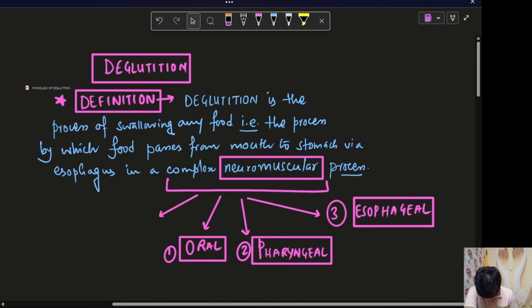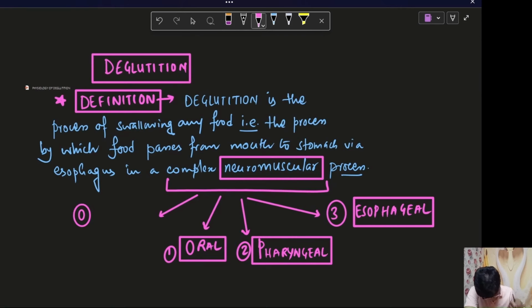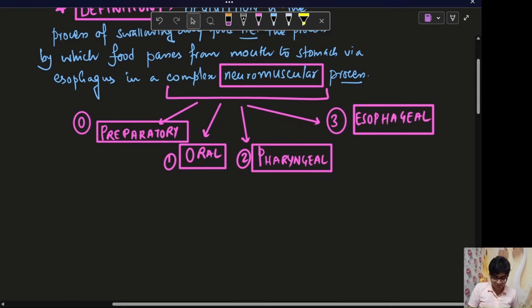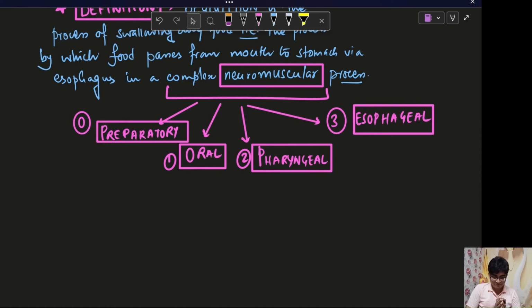But I will write it as the zero stage. Some say there is a preliminary stage to this oral stage also, and that is the preparatory stage. So, firstly, to start with the definition of each stage.